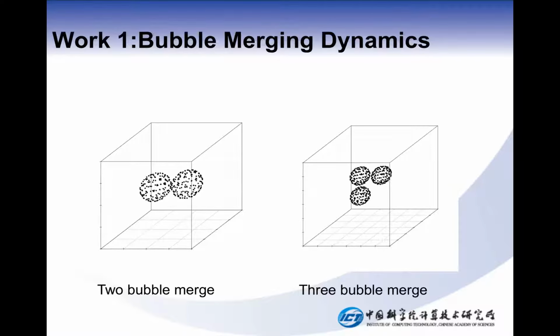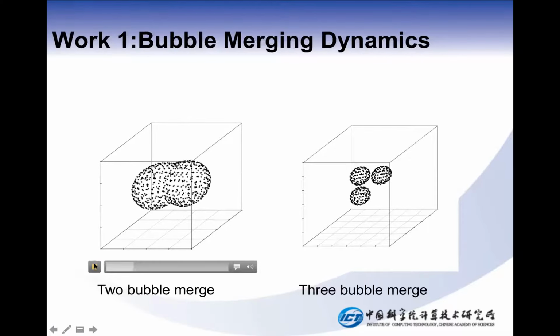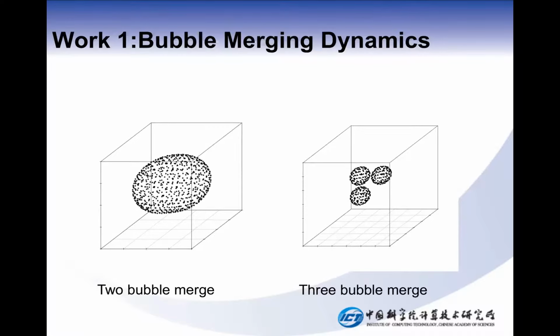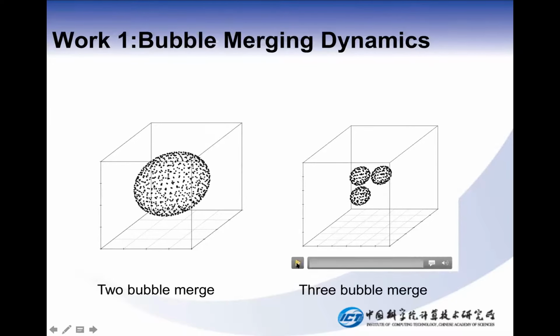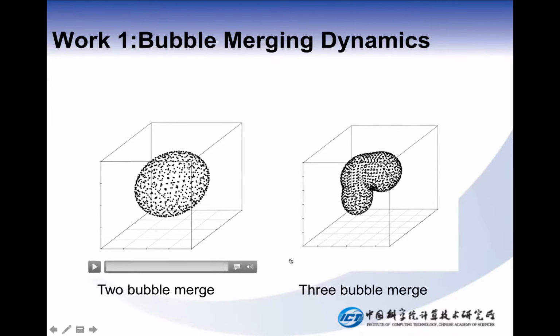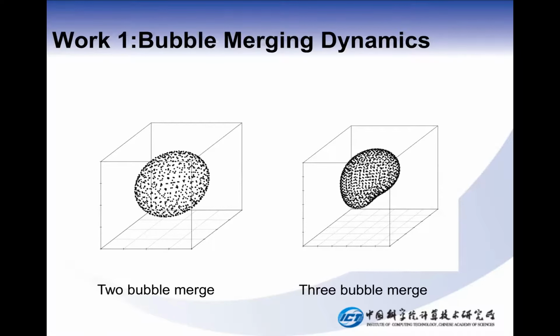And this is the first achievement. We achieved the fluid dynamics algorithm, and we can successfully simulate bubble merging dynamics. Here is the two-bubble merging dynamics, and here is the three-bubble merging dynamics.